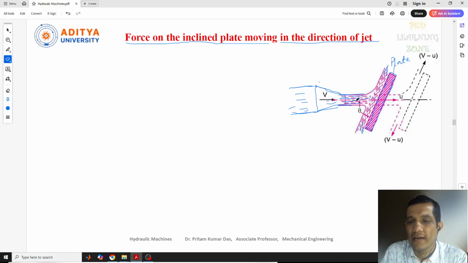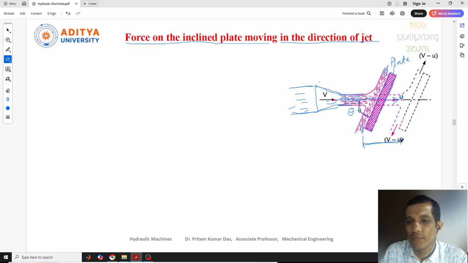The plate is inclined to the jet of the fluid, so the inclination angle is taken as theta. After striking here, the plate started moving with a velocity of small u, and it moved some distance from the initial position to some final position.